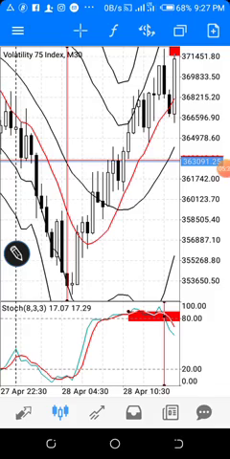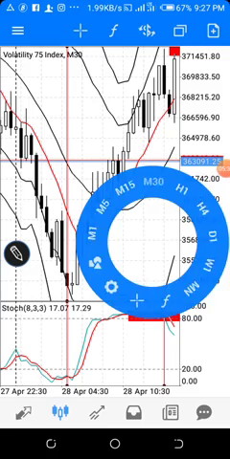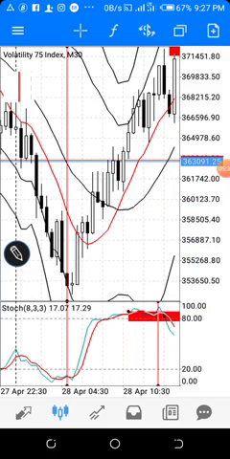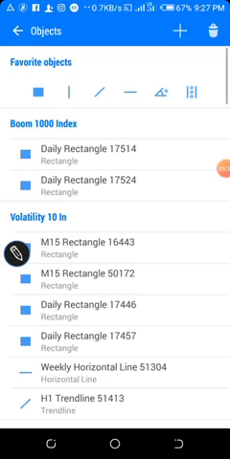Now, for example, let's check this trade. This is a 30 minutes trade. On 30 minutes, the market is oversold, correct? Okay, let me put this.